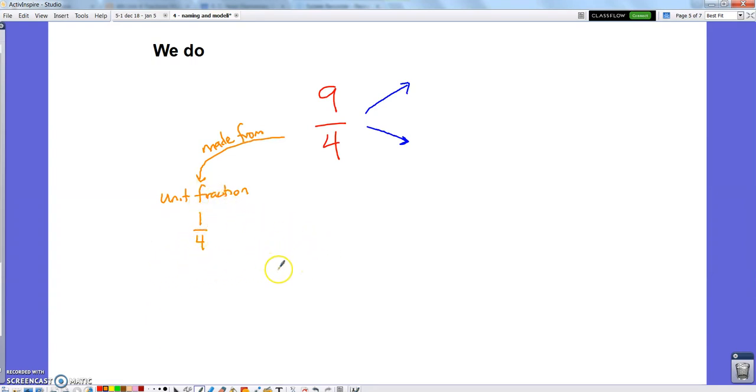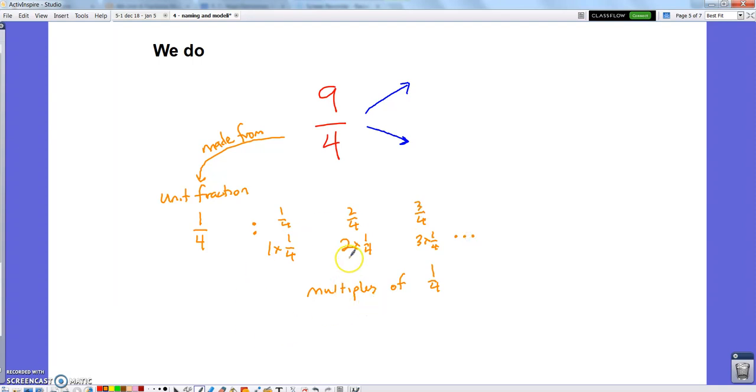And the multiples of 1/4 are 1/4, 1 times 1/4, 2 times 1/4, 3 times 1/4, and so on. So the multiples of a 4th are 1/4, 2/4, 3/4, and so on and so forth.